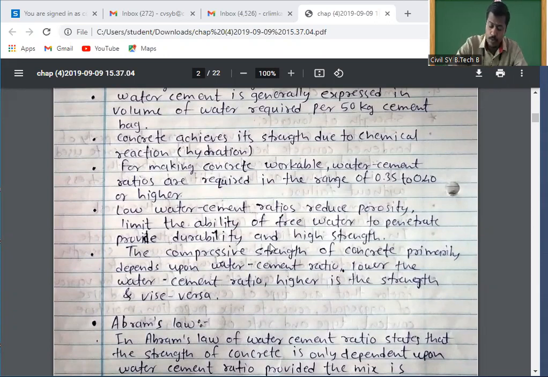The procedure is given in IS 10262:2019, so there you will come to know how to calculate it. Preferably just keep in mind that the best water to cement ratio you can take is from 0.38 to 0.45. Based on experience I am telling you, it will again vary with respect to the different grades of concrete.